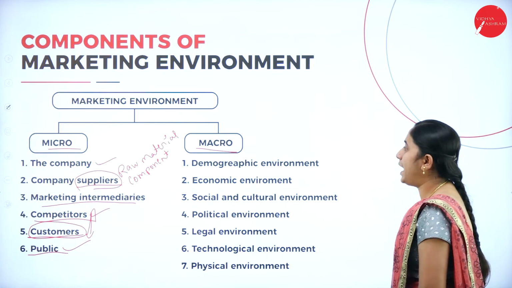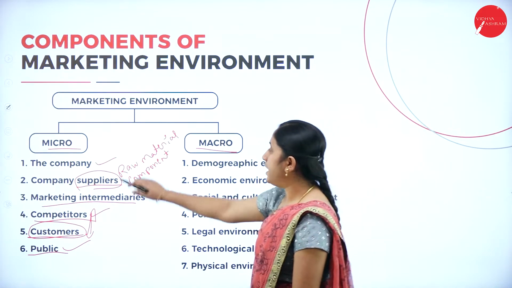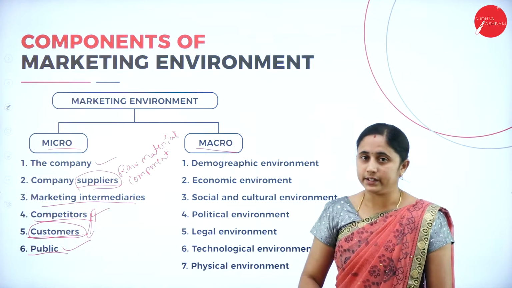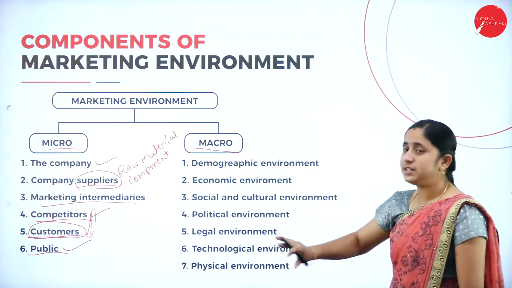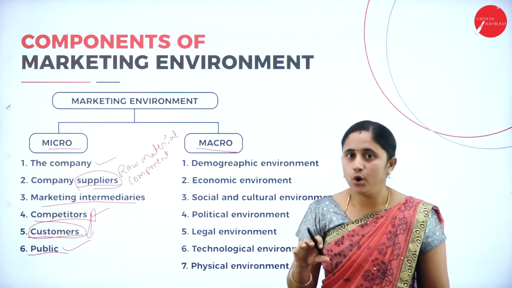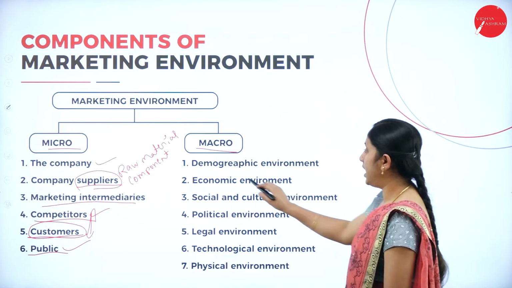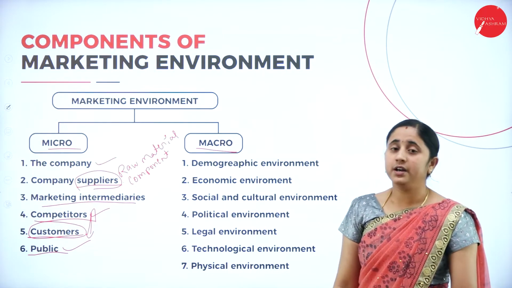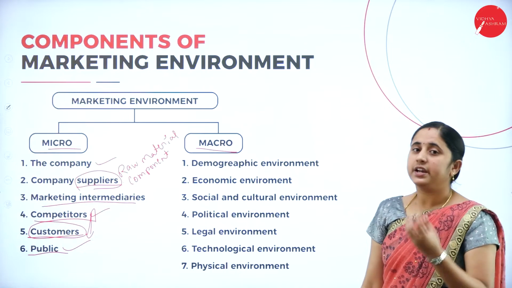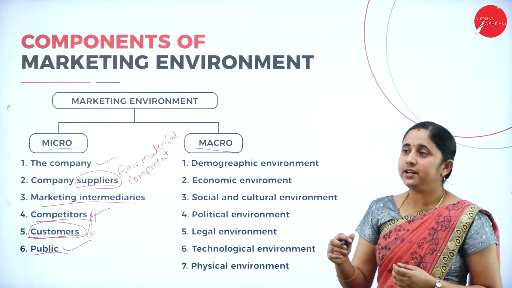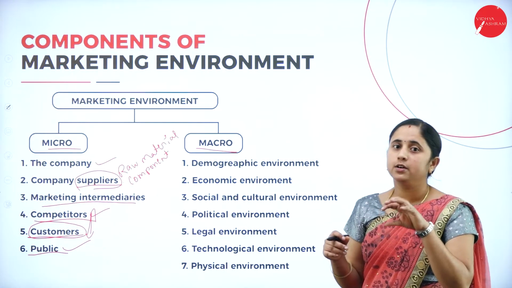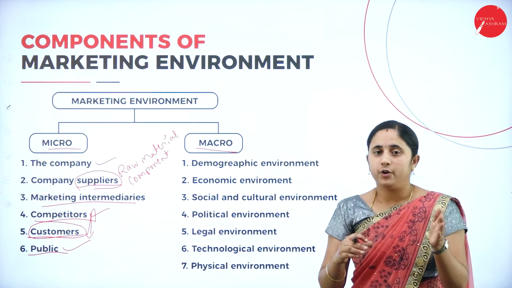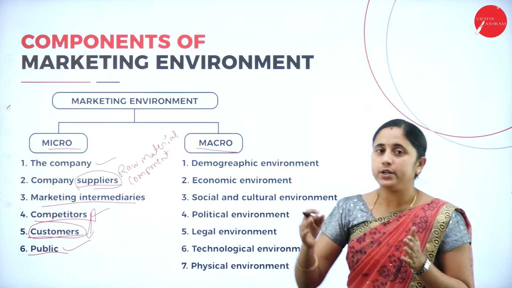Next, macro environment. Under micro environment, you study in detail all these micro factors. Macro environment means you are going to study as a whole. The first one is the demographic environment. Under the demographic environment, you study population, the gender ratio and the rate of a particular group, for example children, the age group of 1 to 5 years or 1 to 10 years.